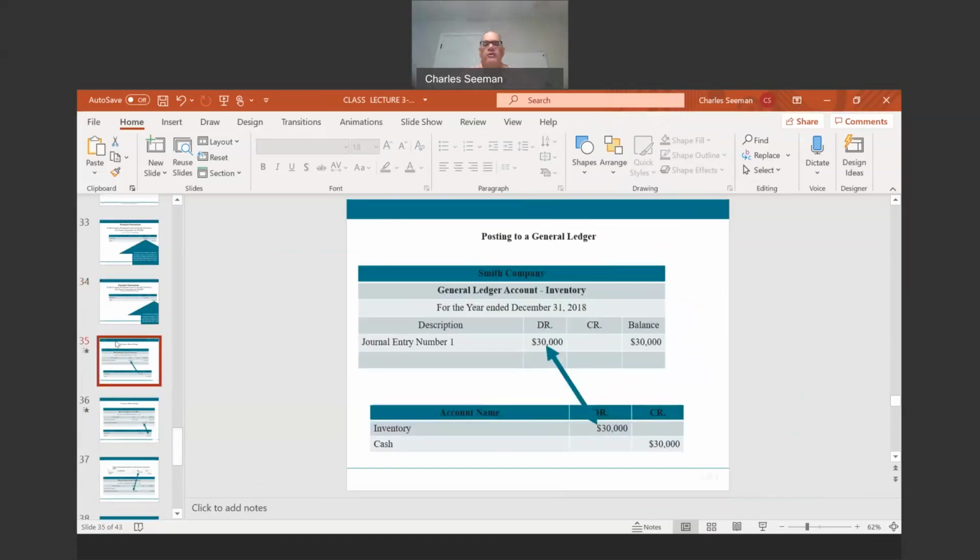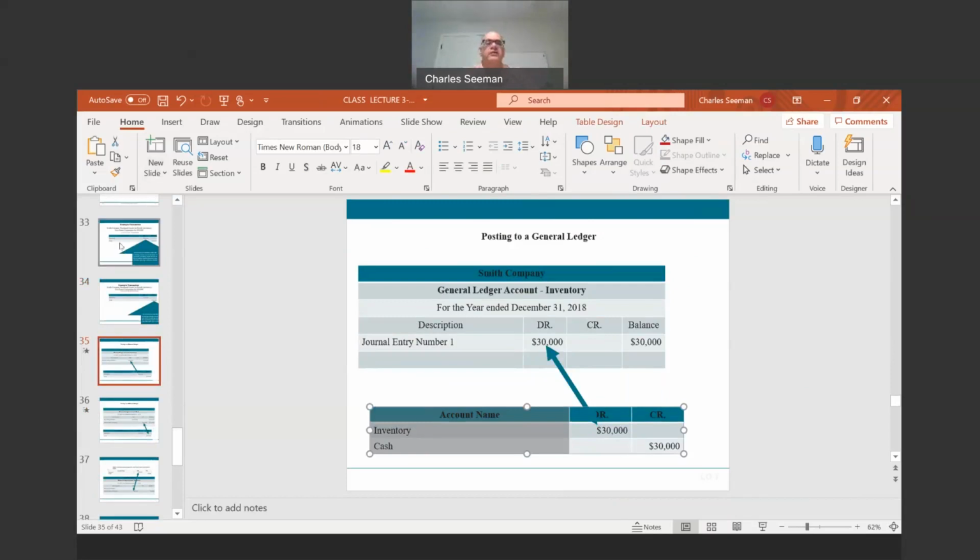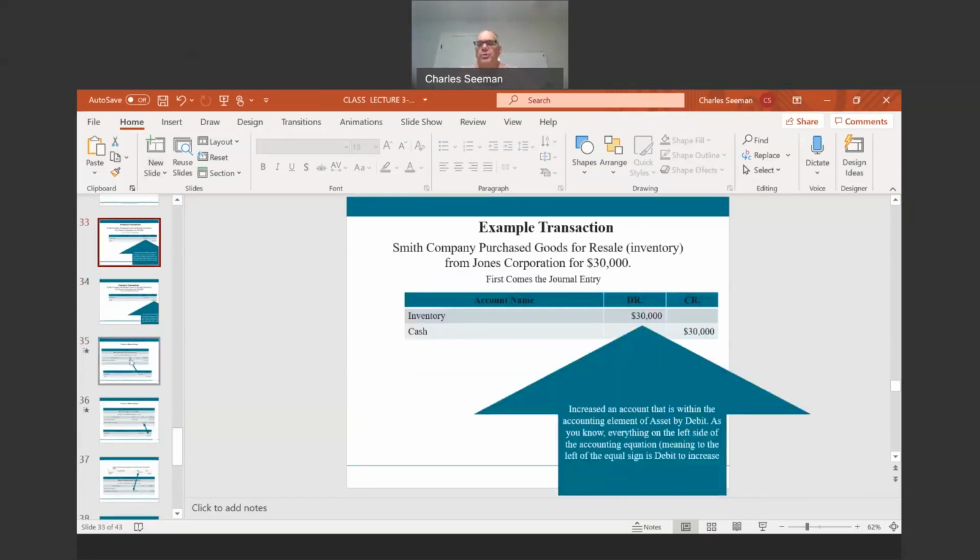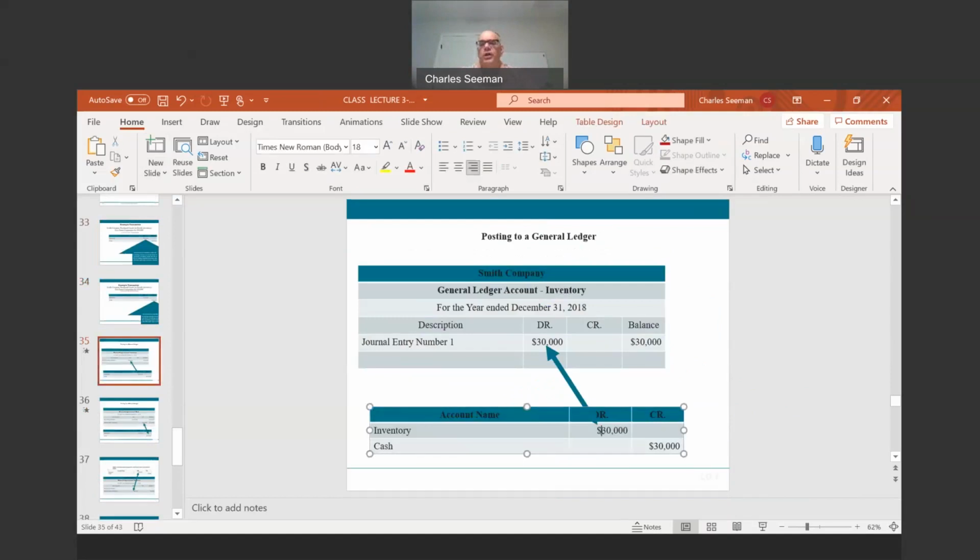Okay, from there, first we made the journal entry, and then we posted the journal. It's the same thing you saw here. I just posted. So what you do is you go to the general ledger account, which is right here, general ledger account inventory, and you debit it for $30,000.